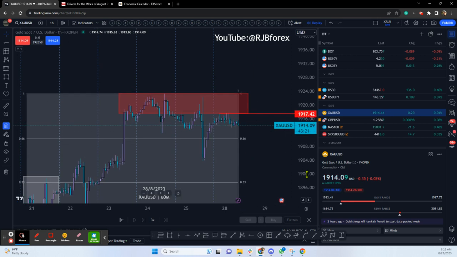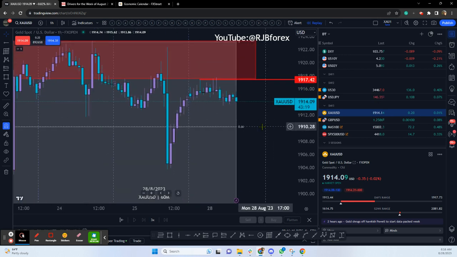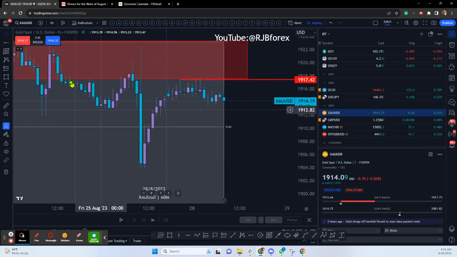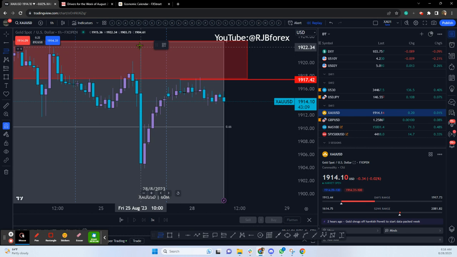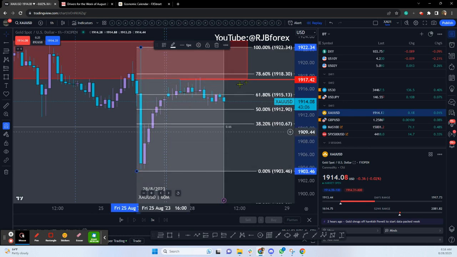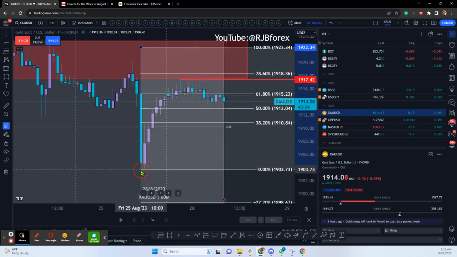Now, if we zoom in on what we're dealing with today, with Fibonacci, we are coming up close to the 78.6. And these highs, this order block of that move.